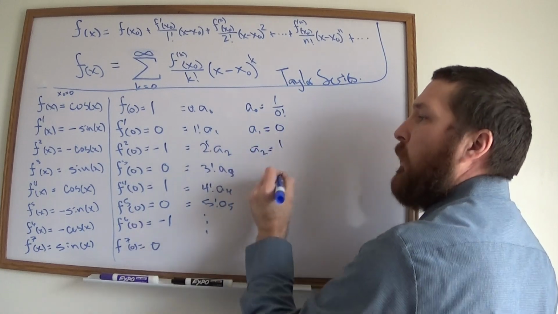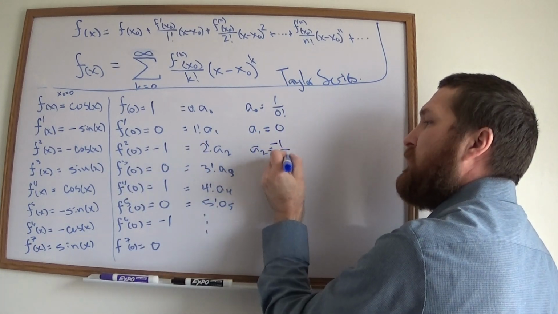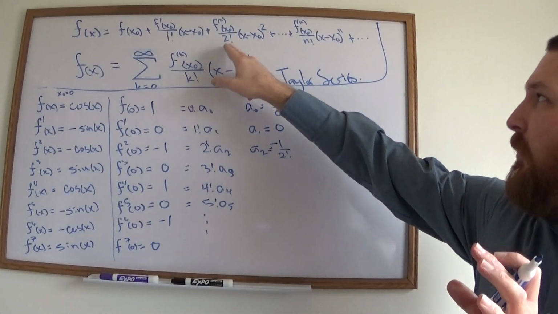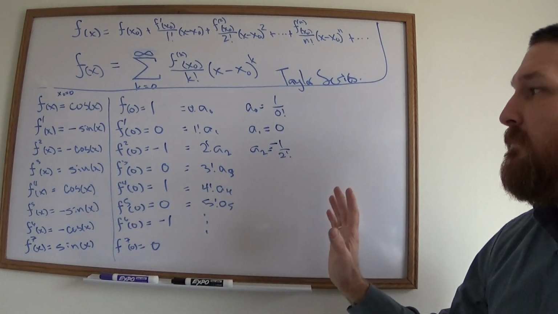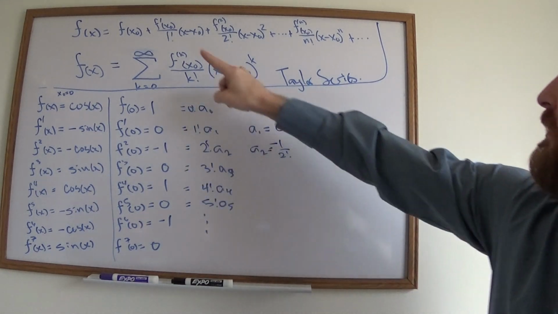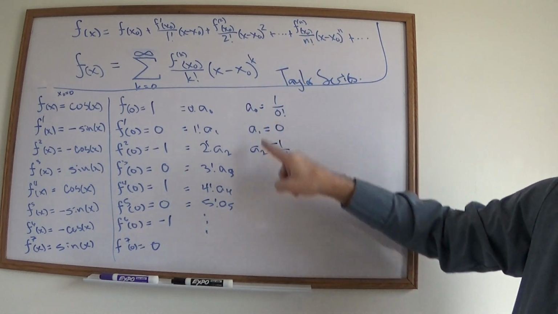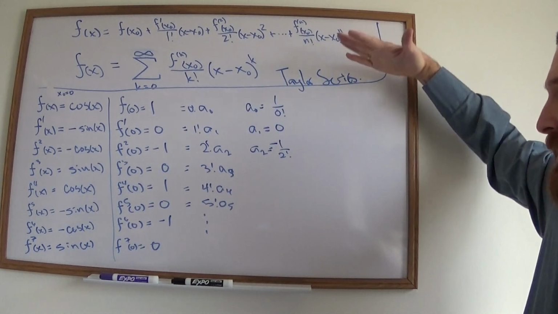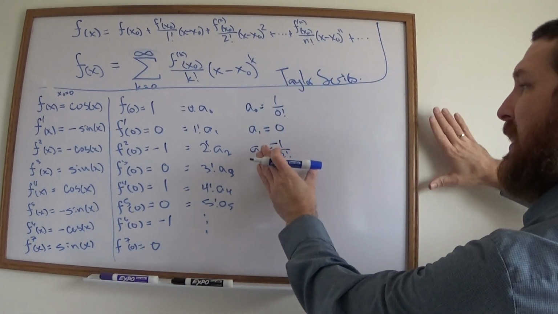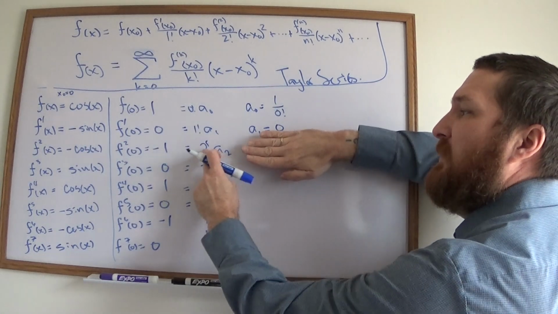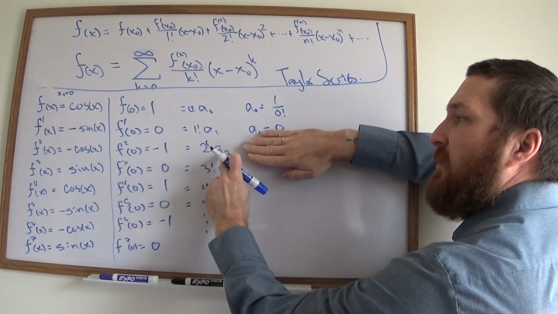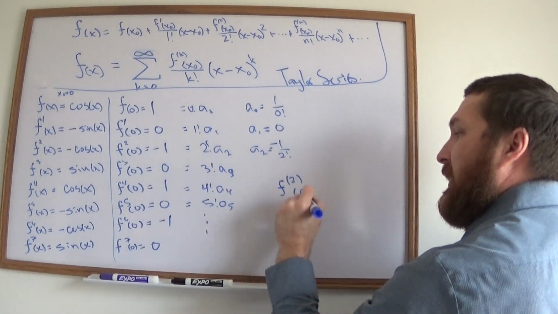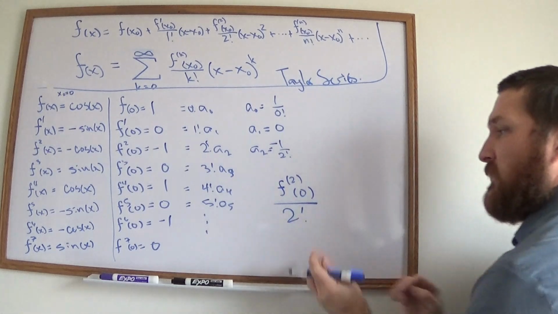A2 is 1 over 2 factorial. Or we could just plug it into here, but don't forget where that comes from. Please don't forget that this is where these coefficients came from. You took a derivative and then plugged in your x0, and now you're setting those equal to each other, so that your A2 happens to be the second derivative evaluated at x0, divided by 2 factorial.